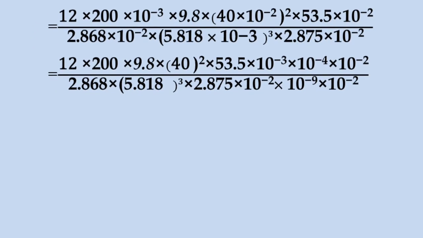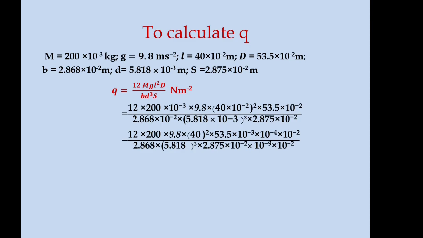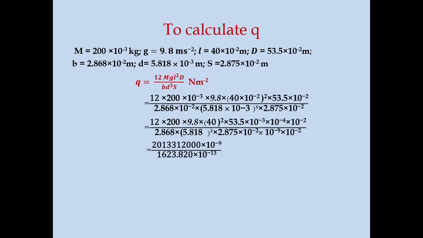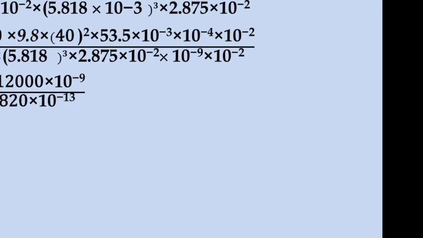In the denominator we have 2.868 into 5.818 the whole cube into 2.875. From the breadth we got 10 power minus 2. From the thickness D cube we get 10 power minus 3 the whole cube, 10 power minus 9, into 10 power minus 2 from the shift. In the next step, we multiply all the numbers and add all the powers.